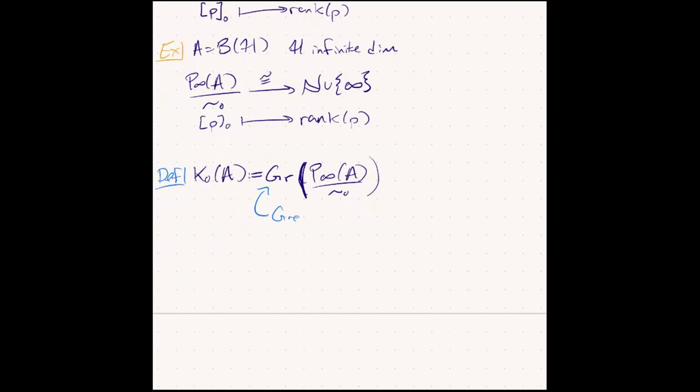What the Grothendieck group does is it takes an abelian semigroup and produces an abelian group by formally adding inverses.